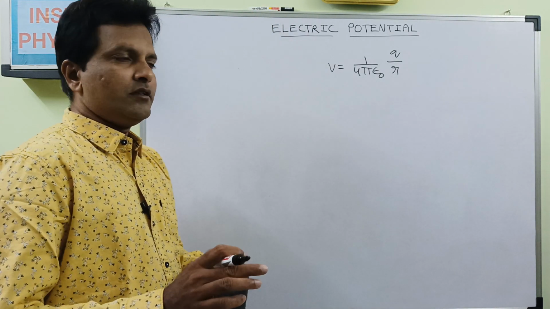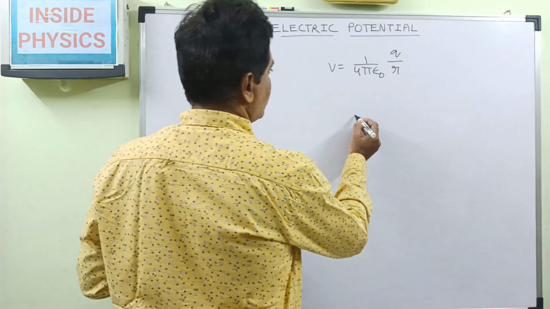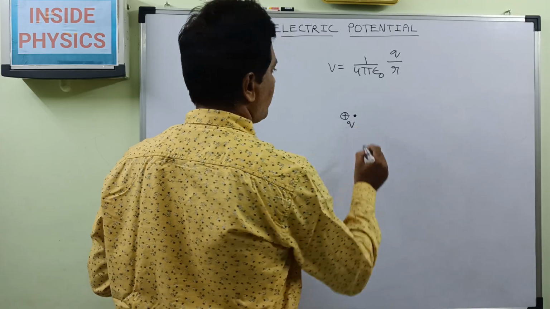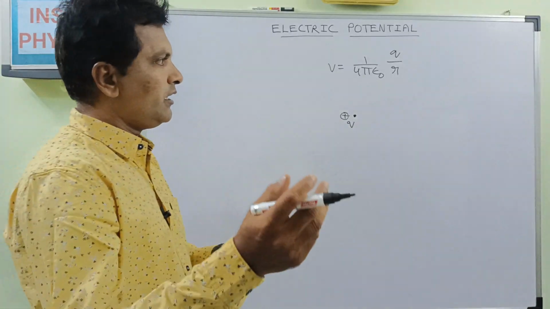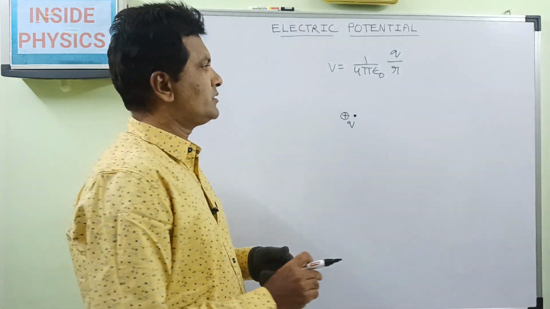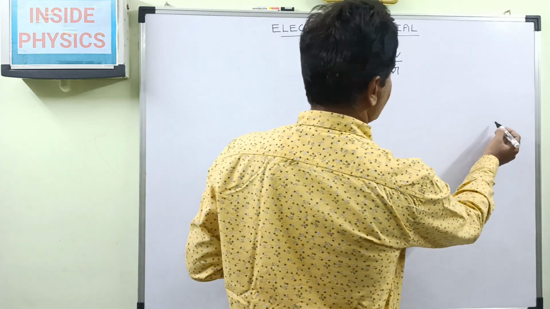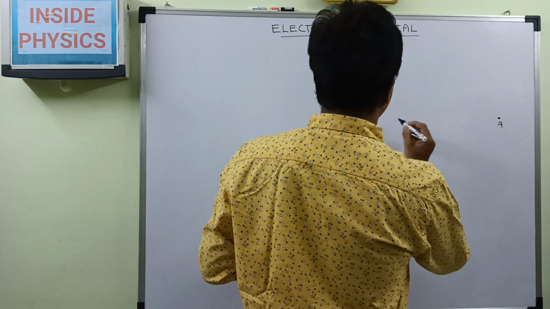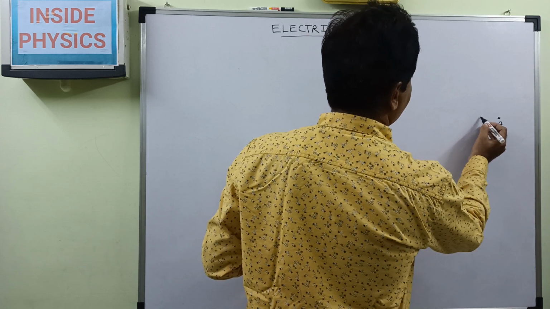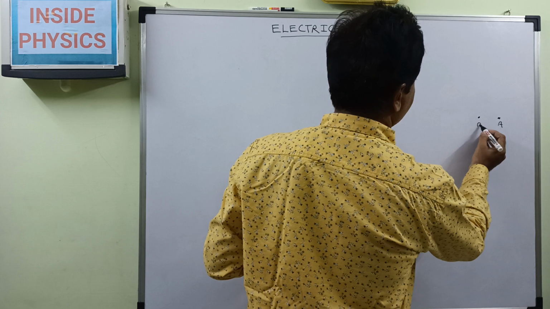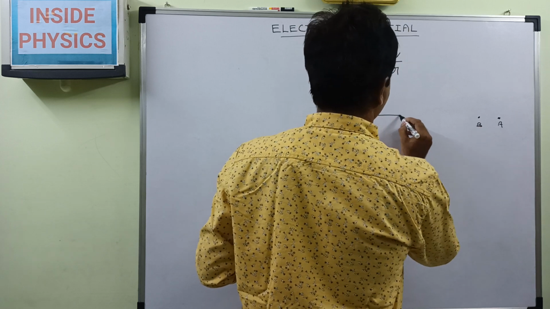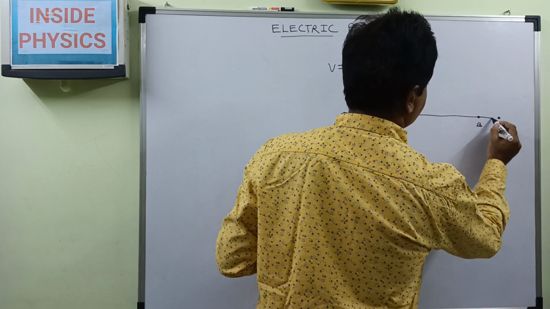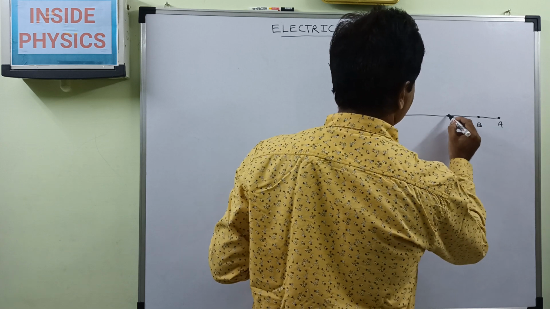For that, first we will take a positive charge here, and we are bringing a unit positive charge from infinity to, suppose, a point A here. We will take three points here, I will tell you why. This is point P.